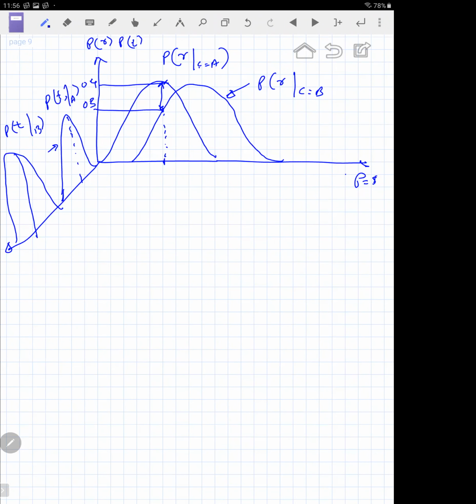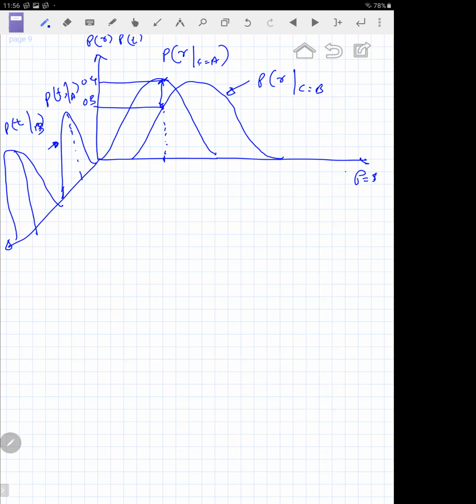So for example, if I take the cities in Santa Clara County, I will see probably this distribution. And the distribution comes from the fact that Cupertino versus Sunnyvale versus Milpitas has a slightly different temperature. Versus this distribution comes from, let's say, Florida and the different counties in Florida. So the average temperature is higher, but there is still some distribution. And if I were to look at the joint distribution, I will see something like this.